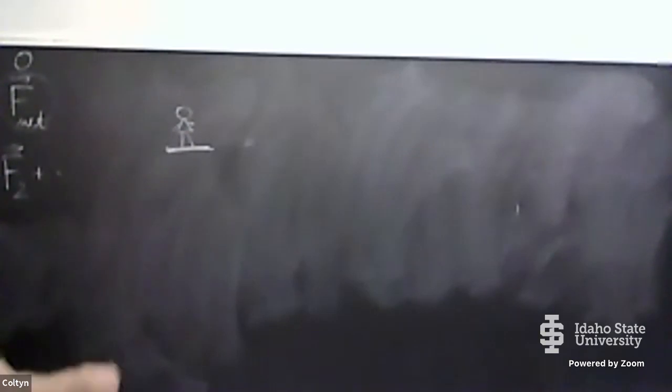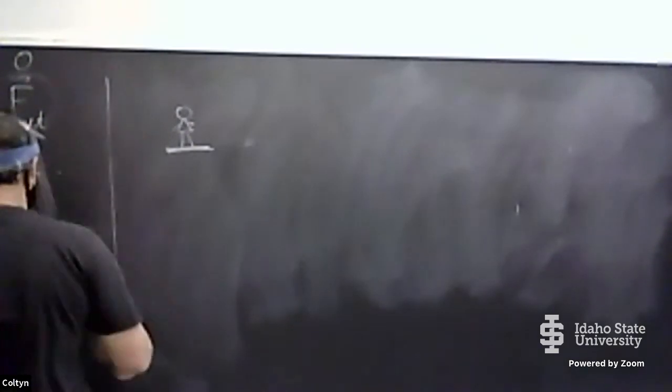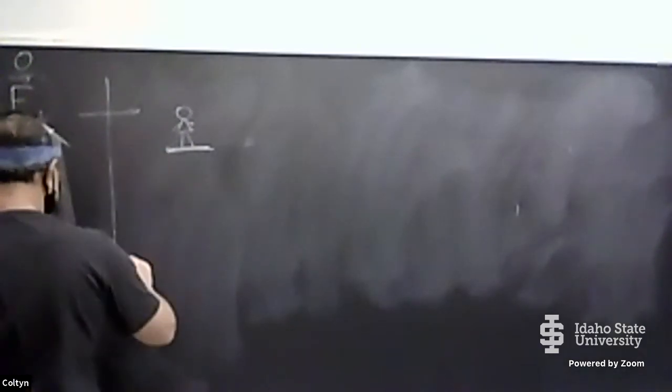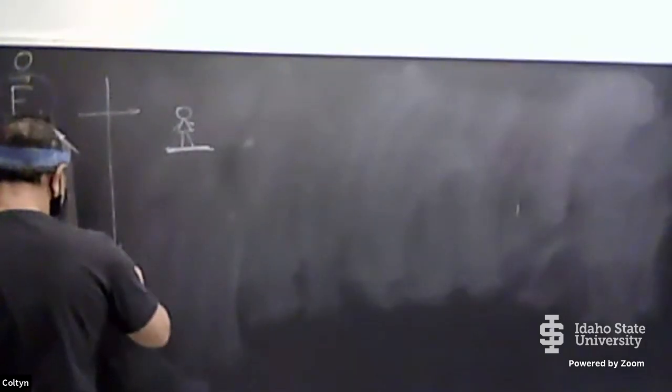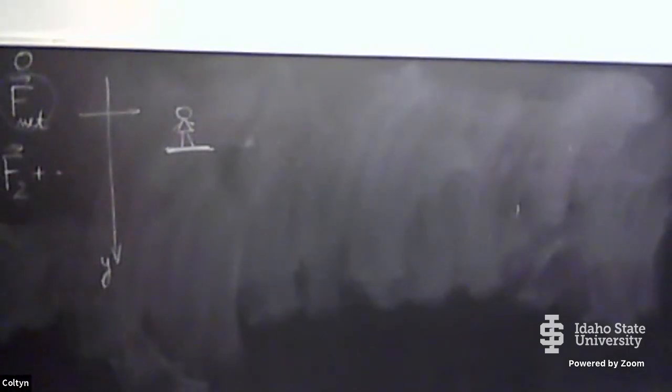Let's introduce a coordinate system. We need only the y-axis. Let's choose the y-axis to point in the downward direction.